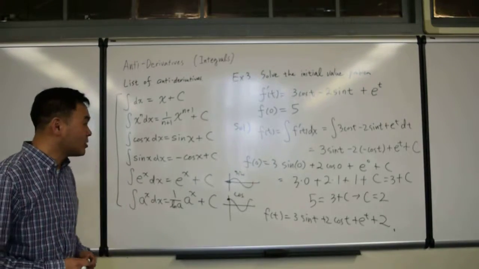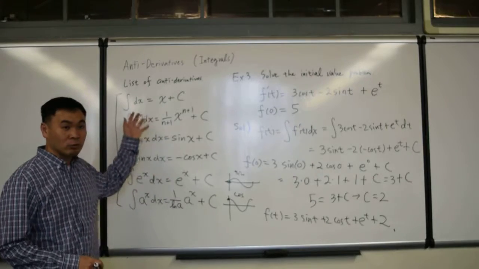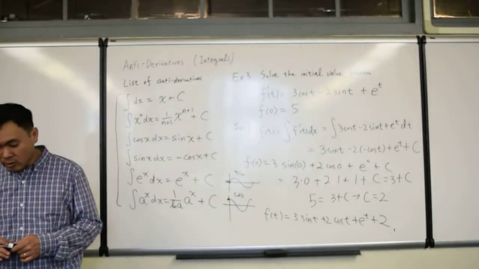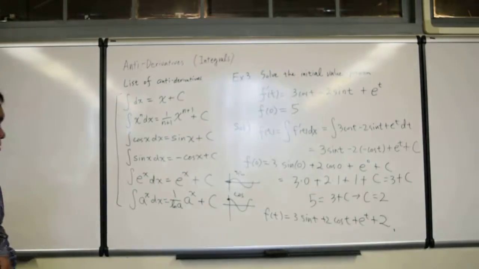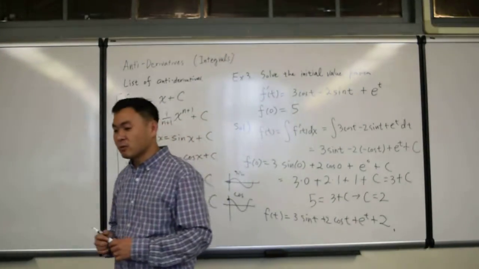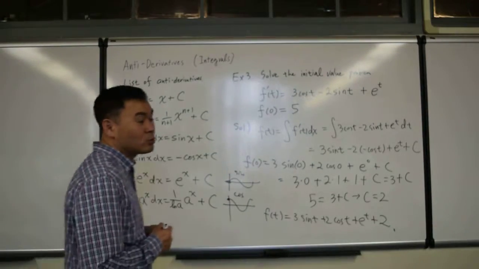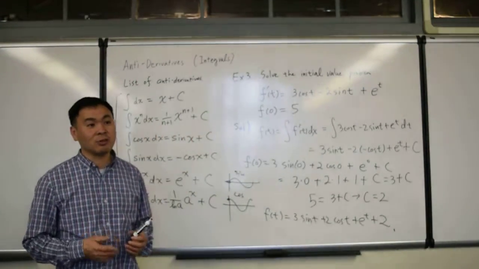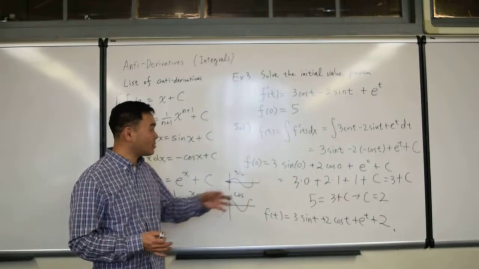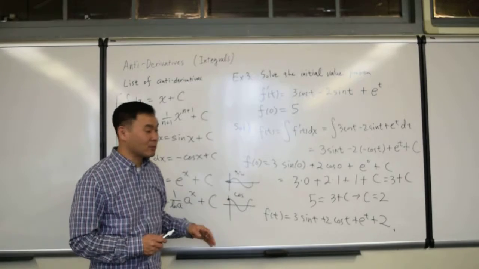I wanted to do this example not only to show you how to use these formulas, but also because in this case the initial value is not the same as c. In constant acceleration motion, when you solve by integration, the initial value is always the same as that extra c you created. But in general, that's not the case.